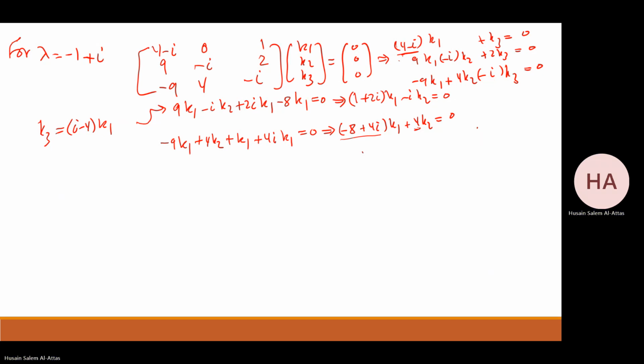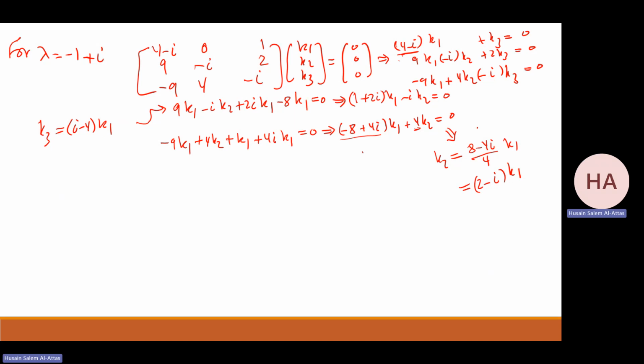So from here, K2 will be equal to, take it to the other side, be careful, 8 minus 4i over 4 times K1, which is 2 minus i K1.